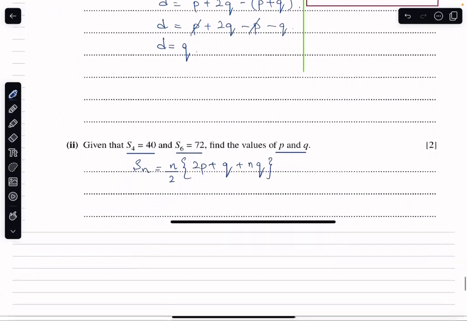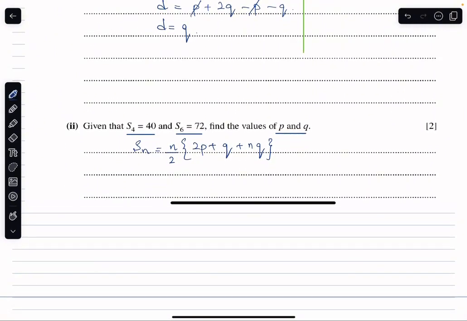Now, if the sum of 4 equals 40, let's start taking in the data. Sum of 4 equals 40, then I know here that my n equals 4. So substituting n as 4 in the sum formula that we have just formed in terms of p and q, I should say that 40 shall be equal to 4 by 2 times 2p plus q plus 4q.